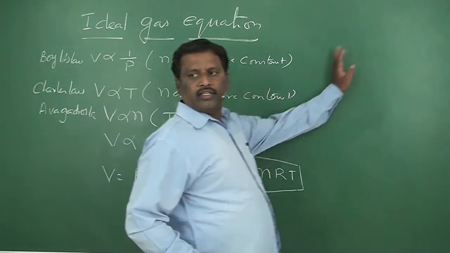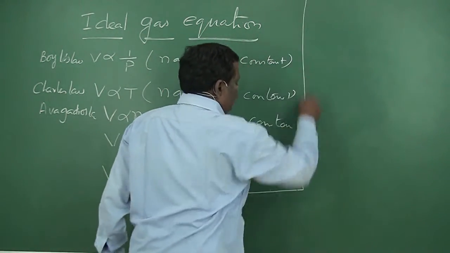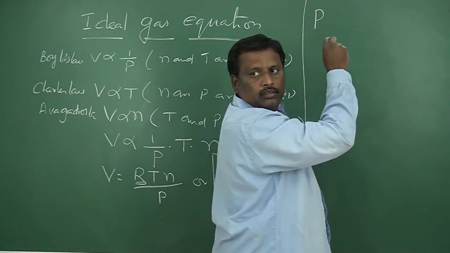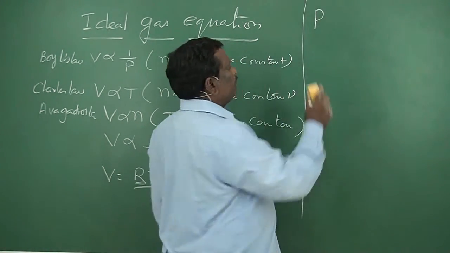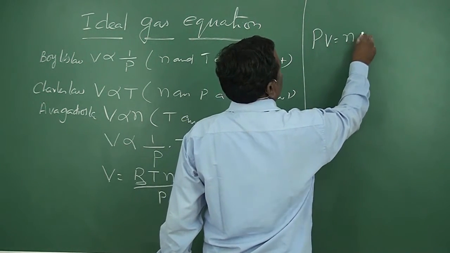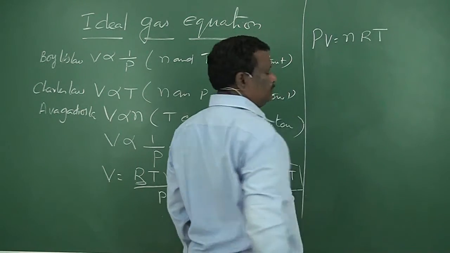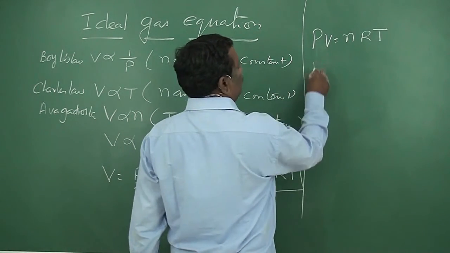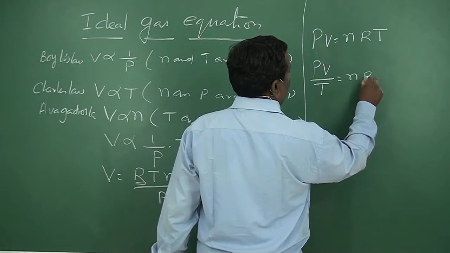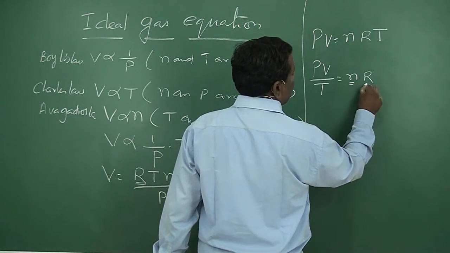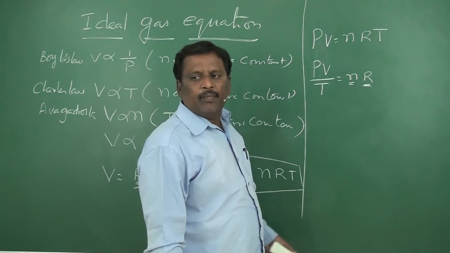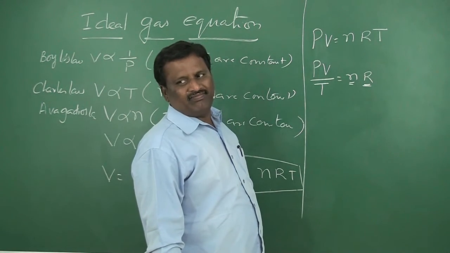Or you can say PV is equal to nRT, or PV by T is equal to nR, where n is the number of moles, R is the constant. For a given mass of gas, number of moles is also constant.